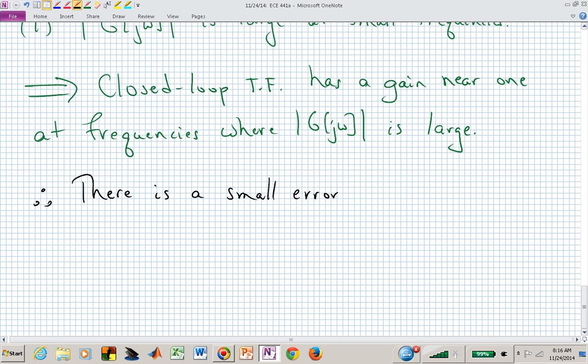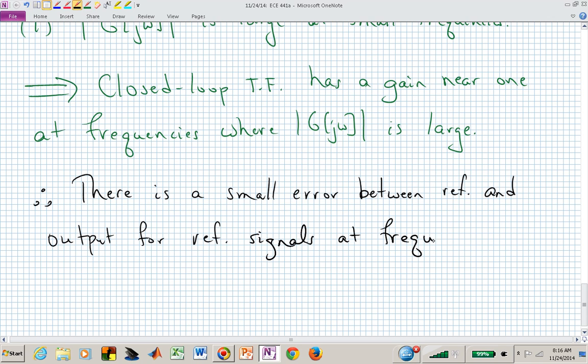So the steady state error is what we are interested in. There's a small error between the reference signal R of S and the output for reference signals at frequencies where the transfer function G of j omega is large.